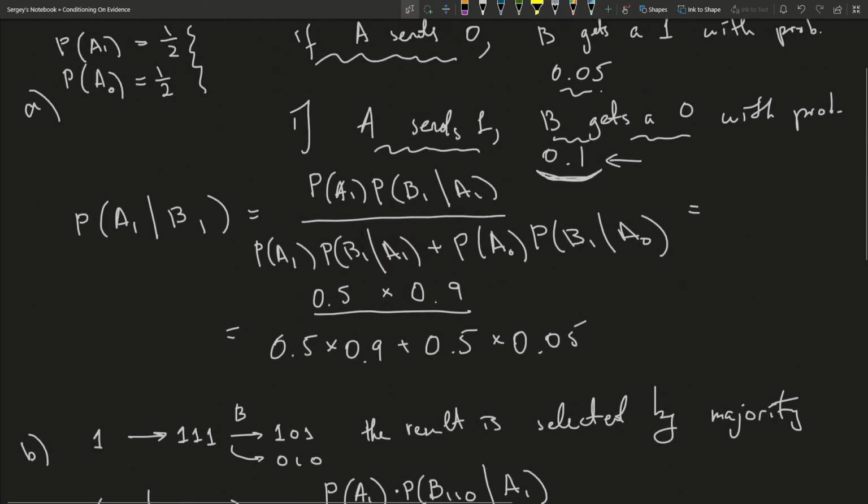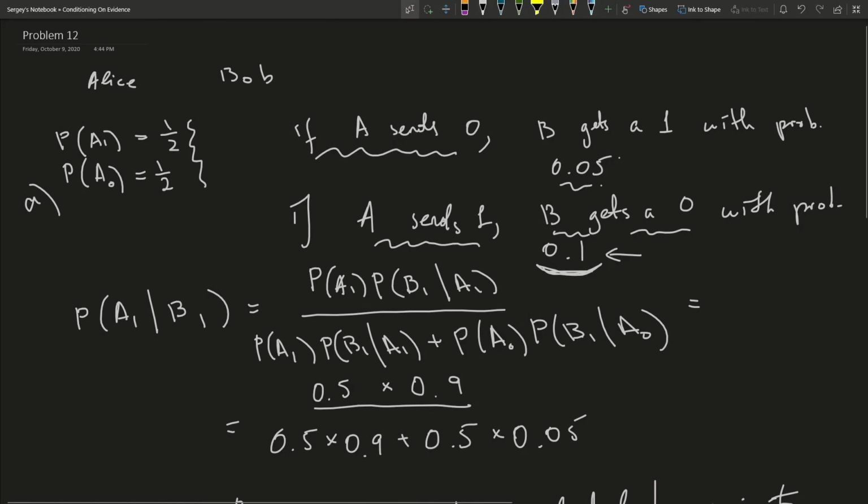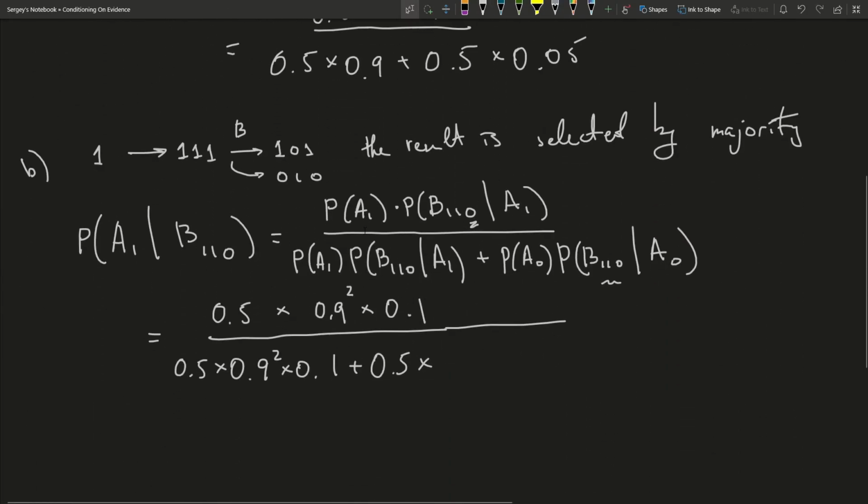And whenever Alice sends a 0, the probability of an error occurring is 0.05. So 2 errors need to occur independently, so that's 0.05 squared times, and then the last digit, the 0, needs to come through correctly. If the probability of an error is 0.05, the probability of a digit coming through correctly is 0.95. And we have our answer.